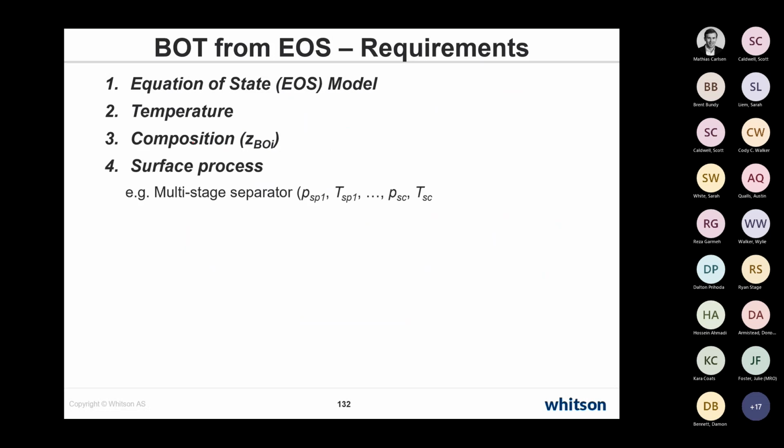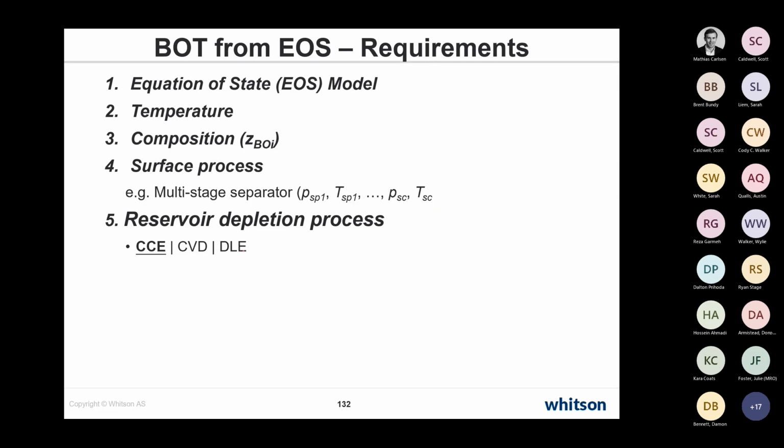You have inputted a surface process, and then one additional item you need is to assume a depletion process, a PVT depletion process, whether that's a CCE experiment, a CVD experiment, or a DLE experiment. In general, what we use automatically in the software is a CCE experiment. That's what Sensor also does, and some of these other simulators. That is what we've found to work best in general. You should be okay with the CVD as well, but the DLE is really not a good choice. But that's not an active choice that you can change in the front end.